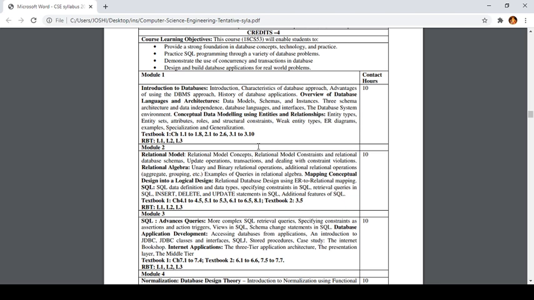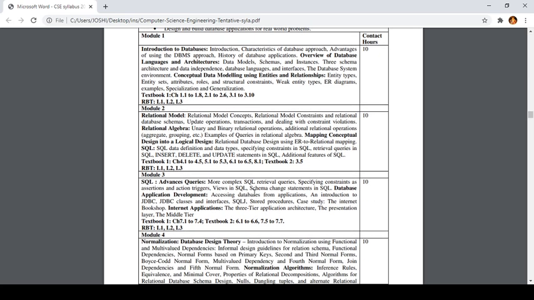So second model includes relational database, relational algebra, logical design, SQL queries and other things like insertion, deletion and updation statements. Model 3, which is advanced queries like more complex queries, retrieval of queries and specific constraints such as assertions, action triggers, views, SQL schemas, statements in SQL, DBMS application.